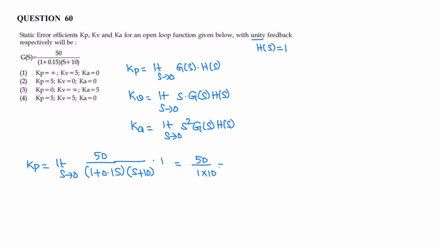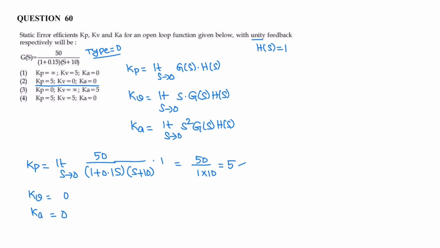Kv is s into 5, that is 0. Ka is also 0. Here the type of the system is 0. For a type 0 system, only the positional error constant exists. The velocity error constant and acceleration error constant are 0. So the correct option is B. Kp is 5, Kv is 0, Ka is 0.